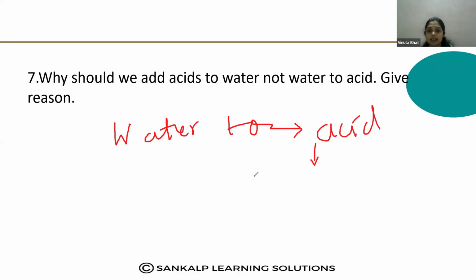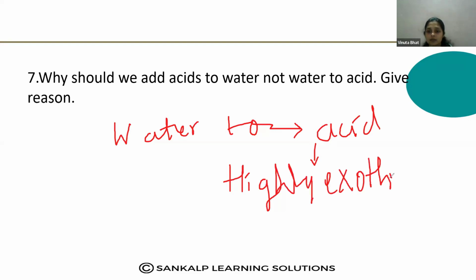It is highly exothermic, which releases a large amount of heat, and there may be a chance of the glass vessel blasting, and it may cause damage to the person as well as to the lab.